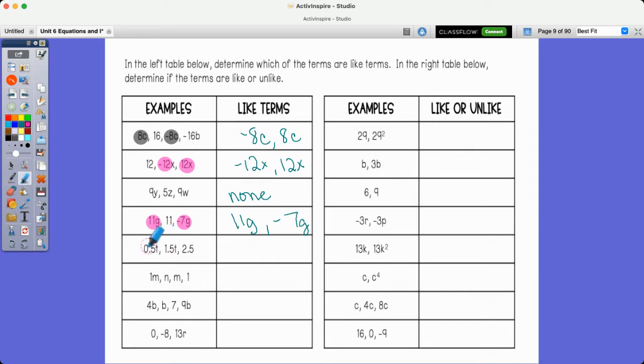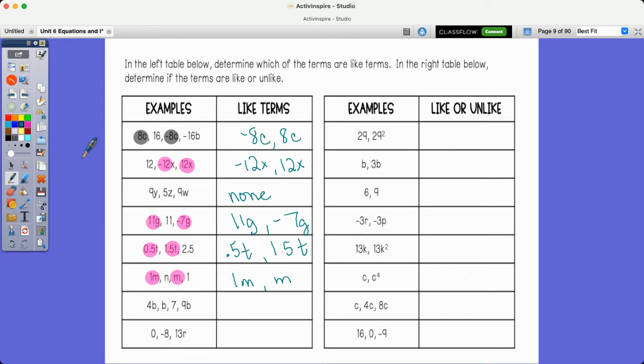The next one, I have 5/10 t and 1 5/10 t. 2.5 is not. Okay, how about this next one? I have 1m and m and 1. These two are like, 1m and m.